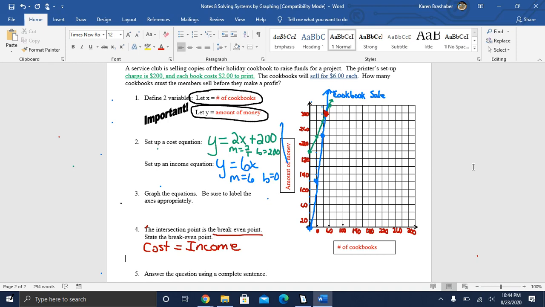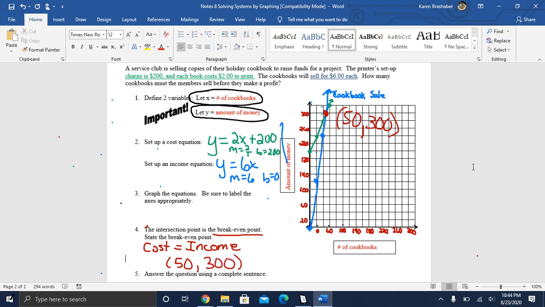My X value is in between 40 and 60, and it's right in the middle. So that's going to be at 50 for my number of cookbooks. And then it's on the y-axis at 300. So my break-even point is 50 and 300.